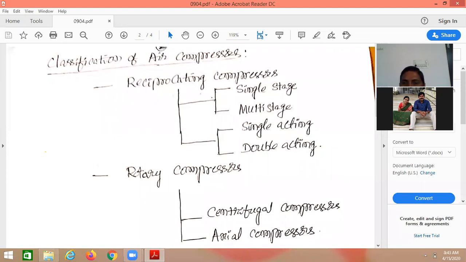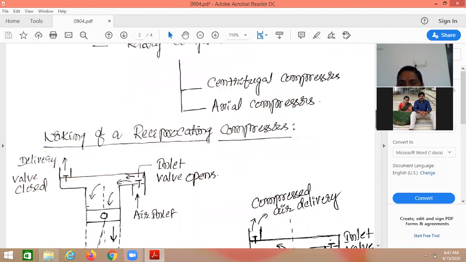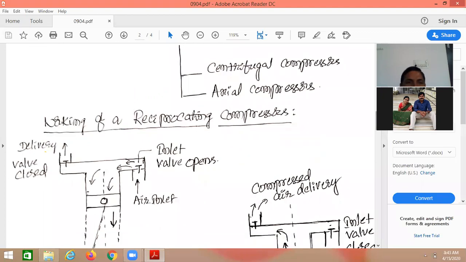When compression happens on one side of the piston movement only, that is single acting. If compression is happening on both sides of the piston, that is the double acting compressor we have discussed. Again, rotary compressors are of centrifugal compressors and axial compressors. In detail, we will see one after the other.